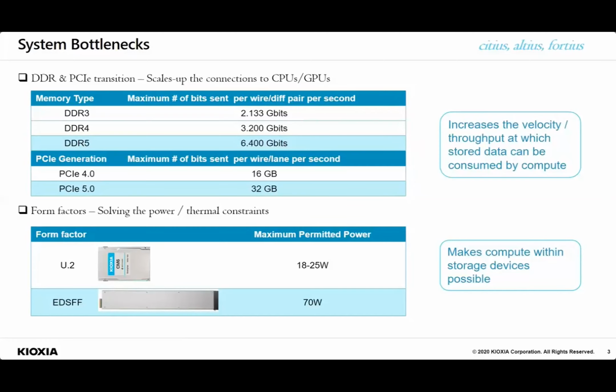Every non-volatile medium, whether it is flash or other technologies such as PCM, ReRAM, or MRAM, needs a predetermined amount of energy per bit for write traffic. Hence, some portion of this increased power budget, the 70 watts, will appear as increased write performance on these storage devices. But the 70 watt limit is high enough that there will be enough power left to perform computing tasks in storage devices of the future.